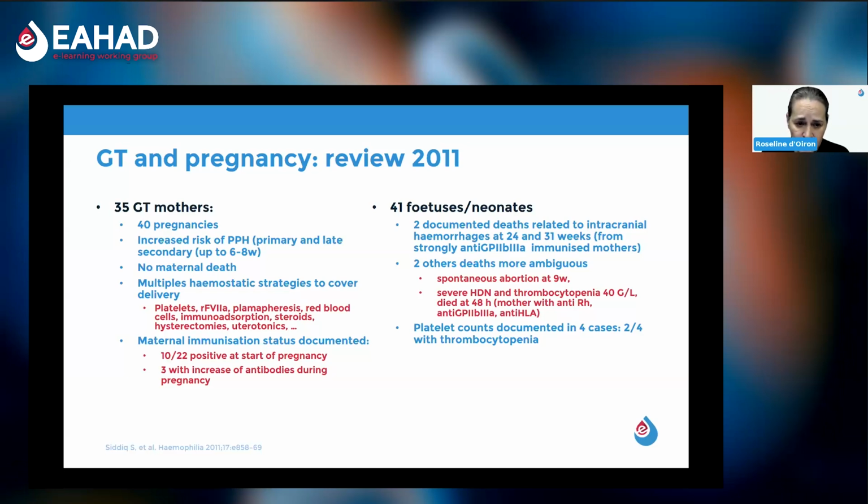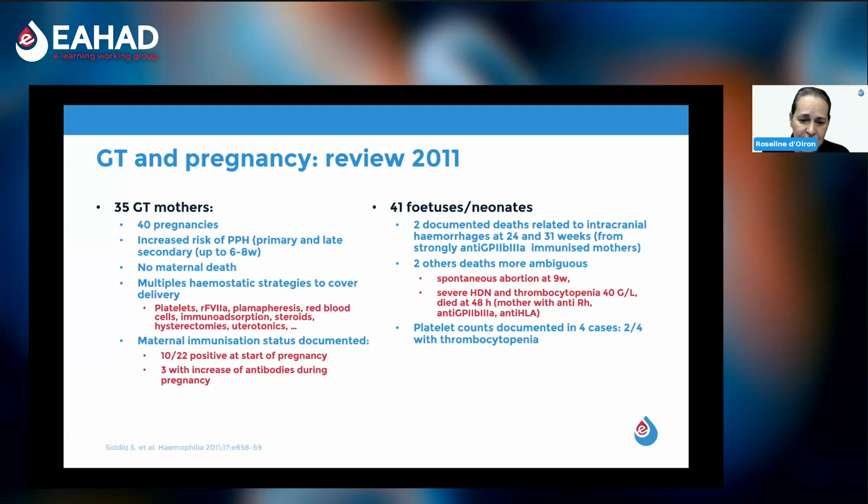There have been no maternal deaths reported, but multiple strategies have been described in order to cover the delivery, from platelet transfusion, factor 7A, plasmapheresis, red blood cells, immunoabsorptions, steroids, hysterectomies, uterotonics.